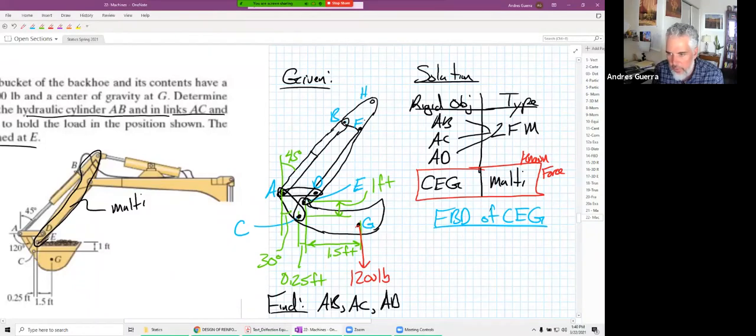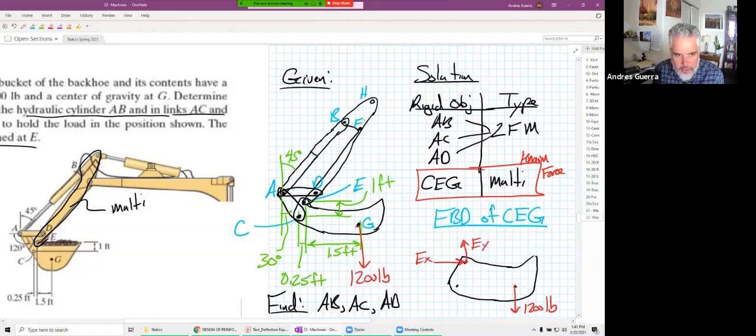Let's see, we have point E about there. I'll put point C there, and point G will be about right there. So we have this part, and then we have the bucket right there. And so there's our bucket. Our 1,200 pounds is going to go right there. We talked about E being an X and a Y because it's a multi to a multi, and so EX and EY.